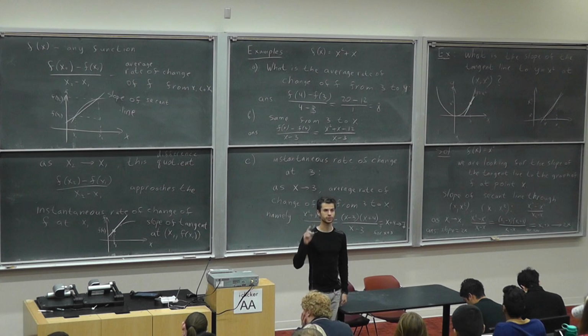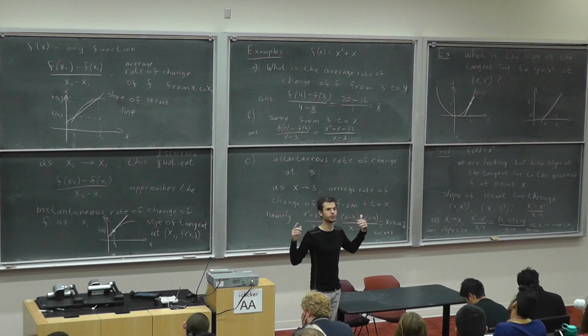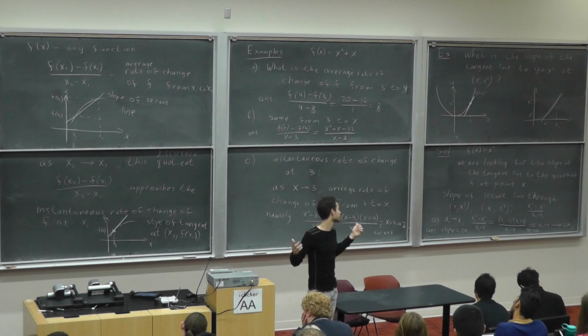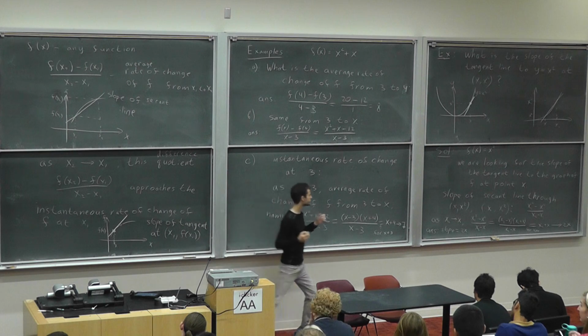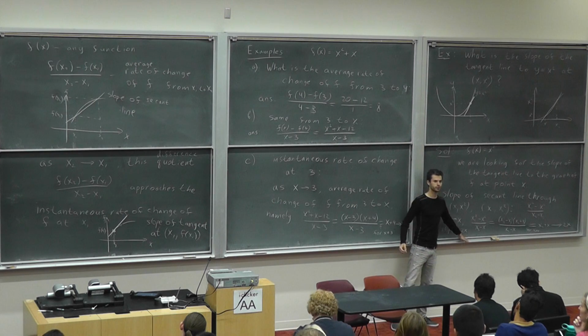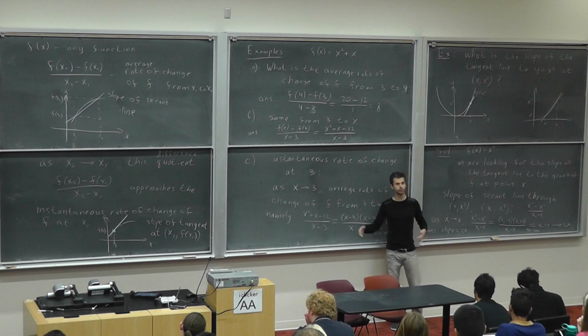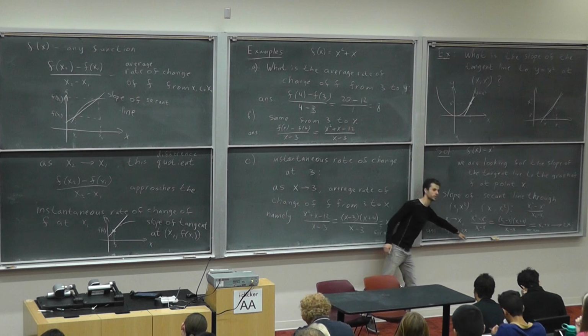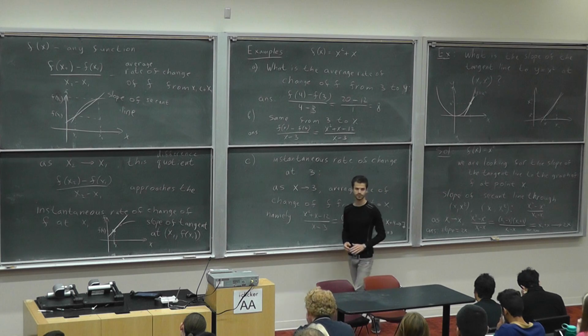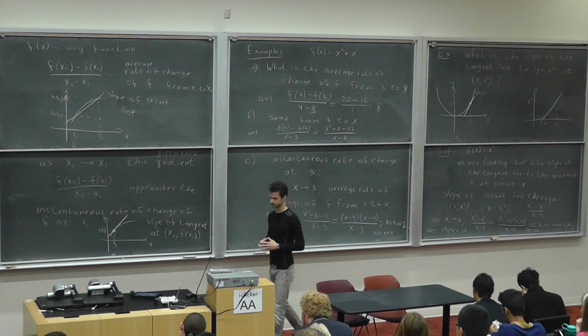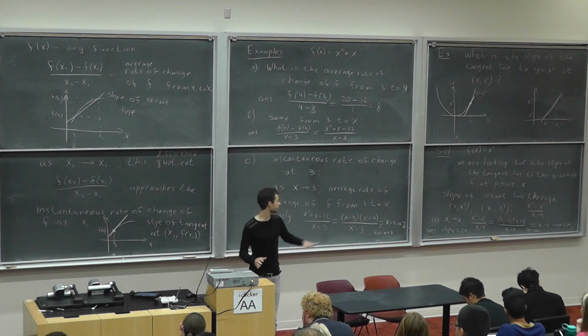Not just the answer at one point, not just the slope at the point (1, 1), not just the slope at (2, 4). We got the answer at any point x. If you want to know what is the slope at point (10, 100), the answer is 20. You don't have to repeat this thing over and over. Okay, so questions about this?